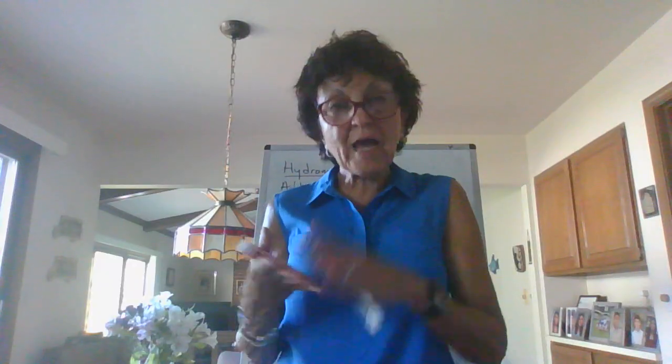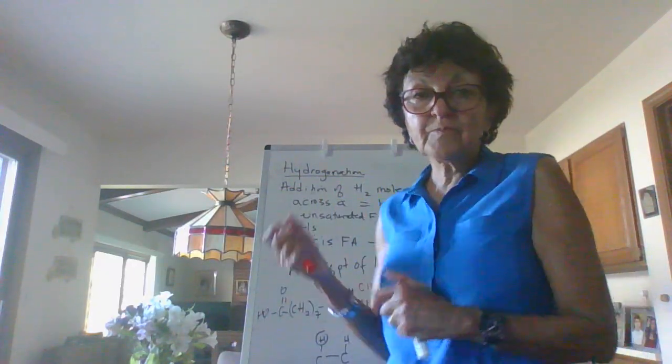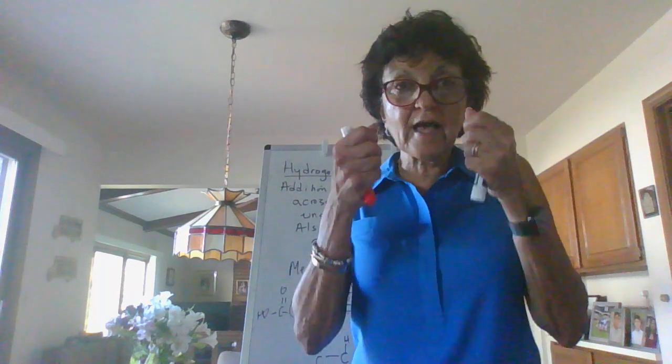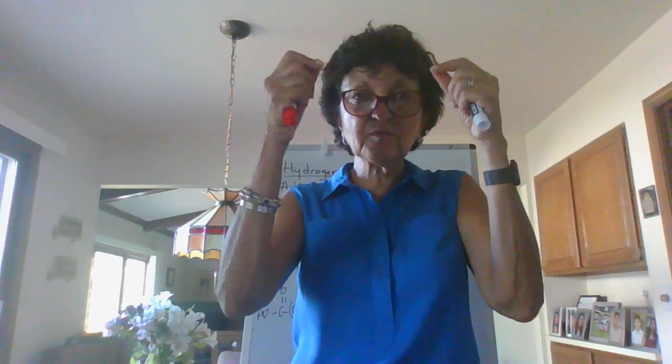Trans fats, how do you get them? You get them from hydrogenation, where the hydrogens add on and then they get removed and everything flips. So when they're on opposite sides of the double bond, that's trans, same side is cis. So the original fatty acid, oleic acid, has two hydrogens on the same side of the double bond. You then added two hydrogens, you turned it into stearic acid, no double bonds.